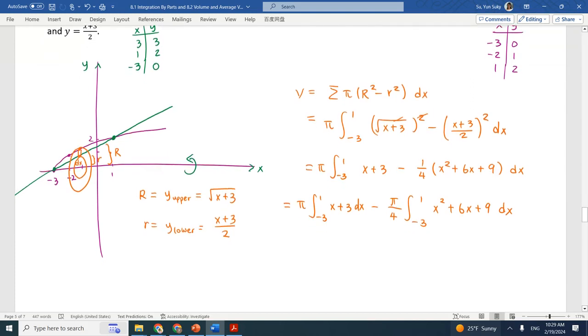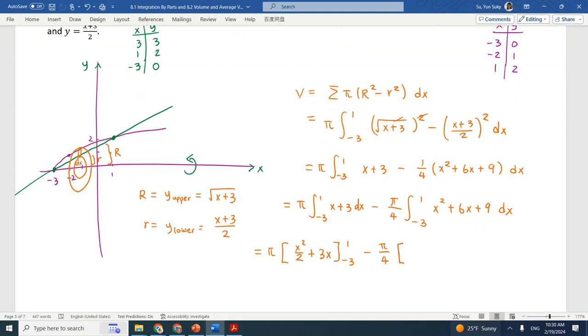Let's see. So what's the integral of x? x squared over 2. Yes. What's the integral of 3? 3x. Evaluate from minus 3 to 1. And then minus pi over 4.